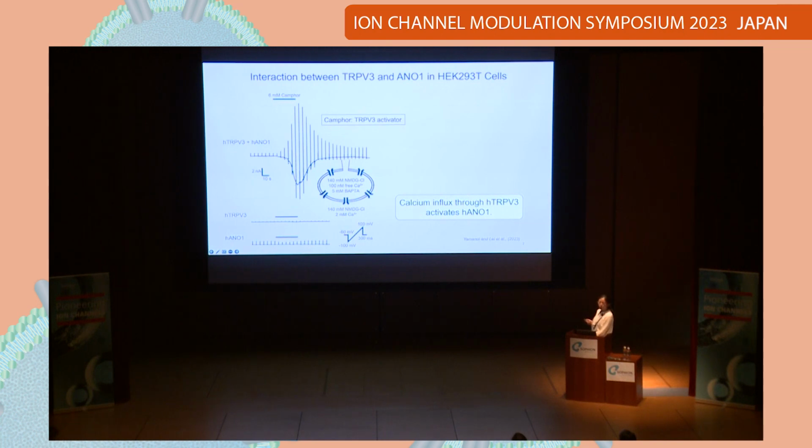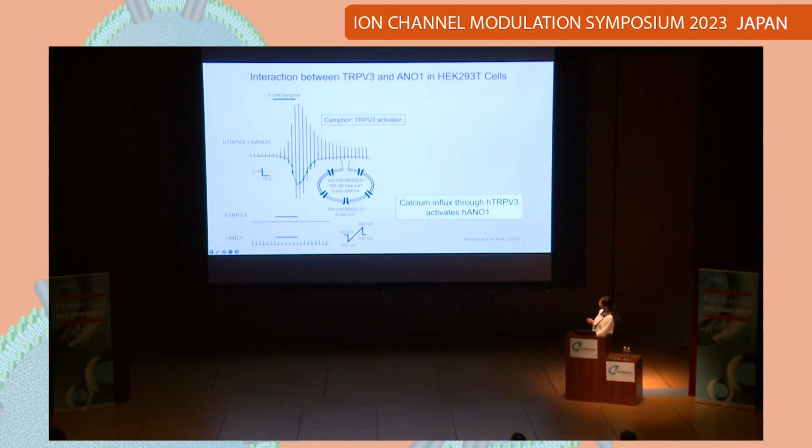As we normally do for ion channels, we overexpressed TRPV3 and ANO1 in HEK293 cells and performed whole-cell patch clamp with the NMDG chloride solution. This solution is usually used to prevent the current from the rich cations. By applying a TRPV3 agonist, the chloride current was clearly observed in cells expressing both TRPV3 and ANO1, but not in those expressing either of them.